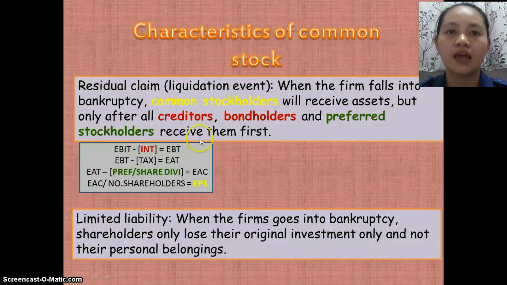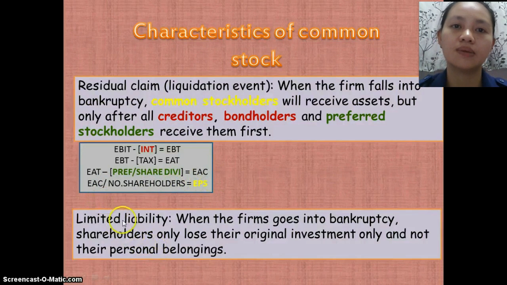For example, we first pay all interest from our earnings before interest and tax, which is the interest to creditors and bondholders, and next is tax, followed by the preference share dividend. Then we get the earnings available to common stockholders. Then the EAC will be divided by the number of shares to get the earnings per share.